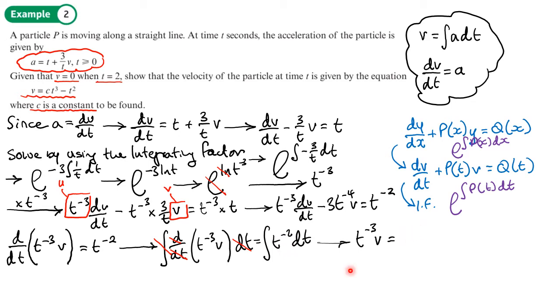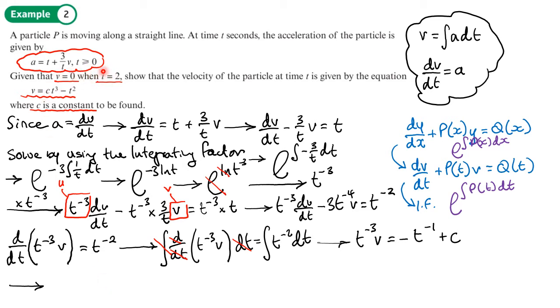So that will become minus t to the minus 1 plus c, and now we're going to work out what c is, and we can do that using this.